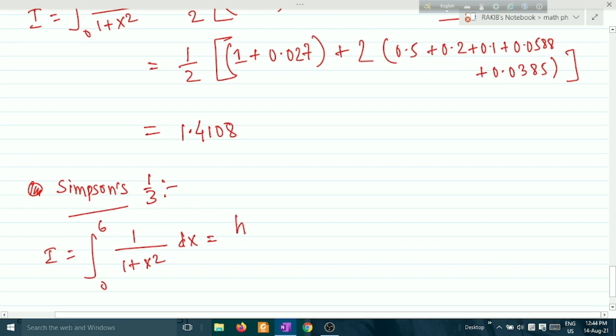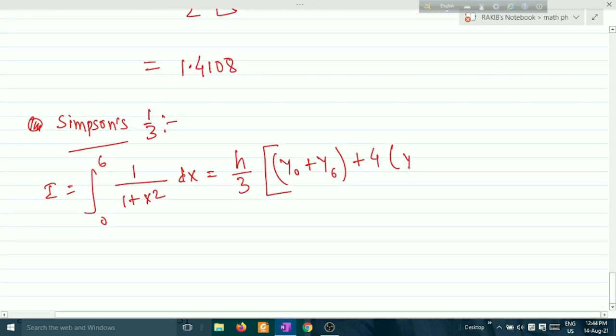The solution of this thing was given like this: h upon 3 into y0 plus y6 plus 4 into all, let me check the formula, y1 plus y3 plus y5, the odd ones, and 2 into the even ones. What are the even ones? y2 plus y4.